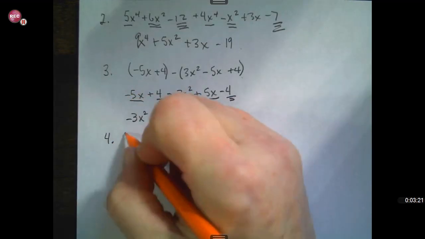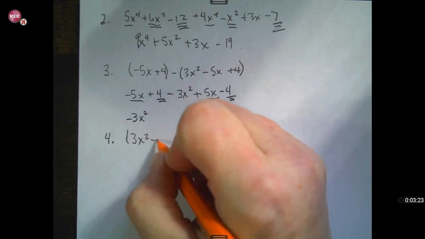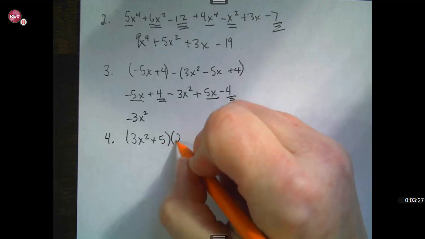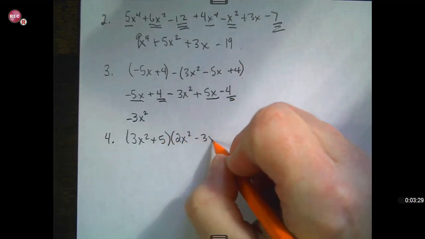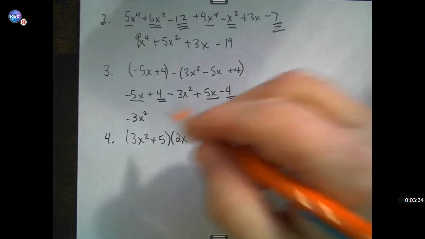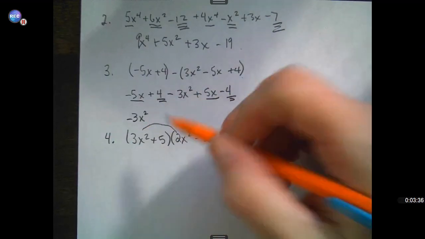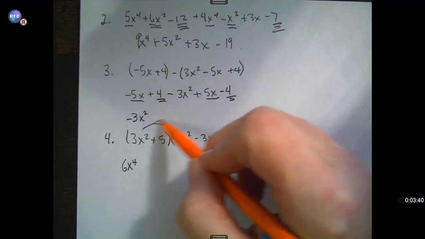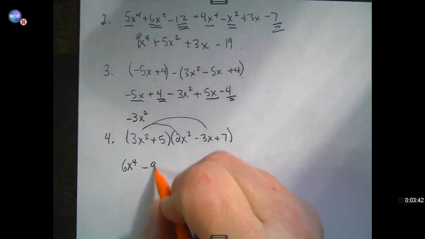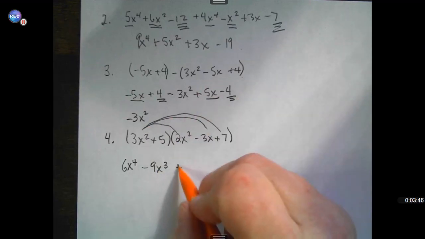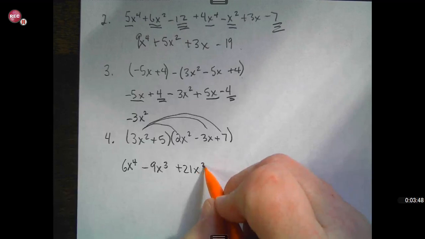Number 4, we have 3x squared plus 5 times the quantity 2x squared minus 3x plus 7. And so I just employ the distributive property. This times this would be 6x to the 4th, and then minus 9x to the 3rd, and then plus 21x squared.